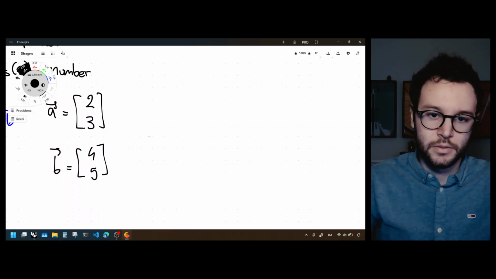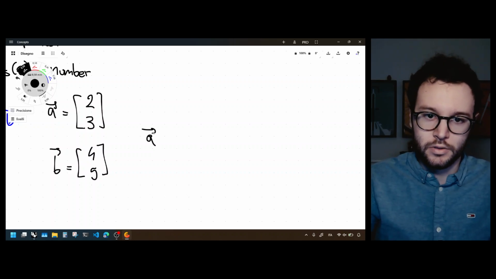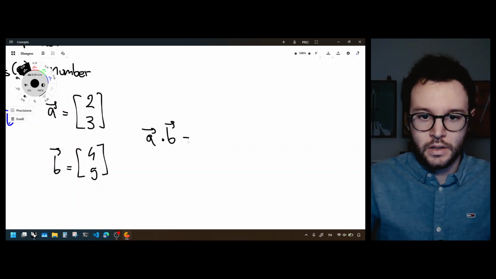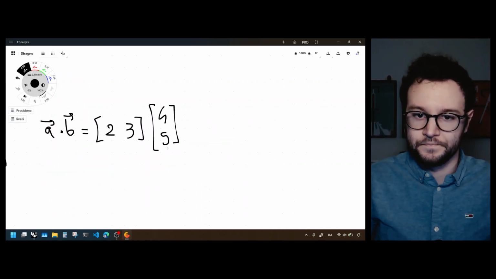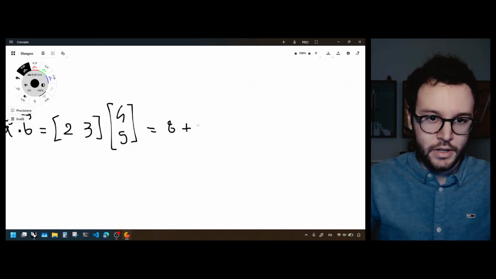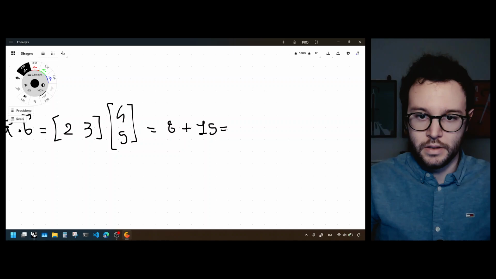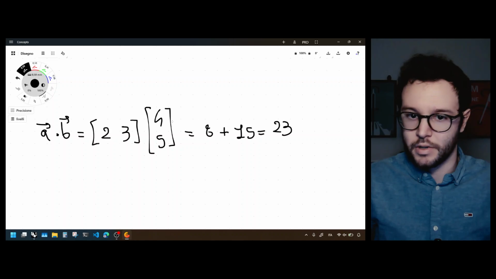If we want to do the multiplication with elements instead of using the angle in between them, we could do A dot B. That equals, you have to write it like this in order to work, 2 times 4 is 8, plus 3 times 5 is 15, and then we have 23. Okay, so this is the result, and it's just a number, as you see.